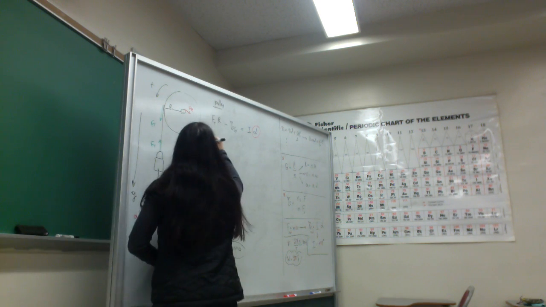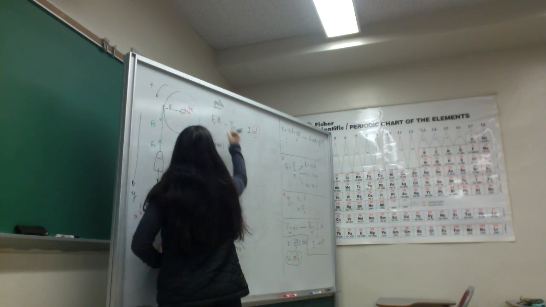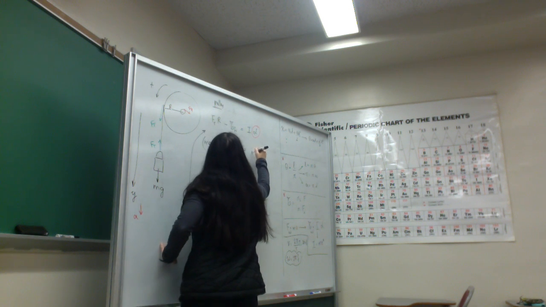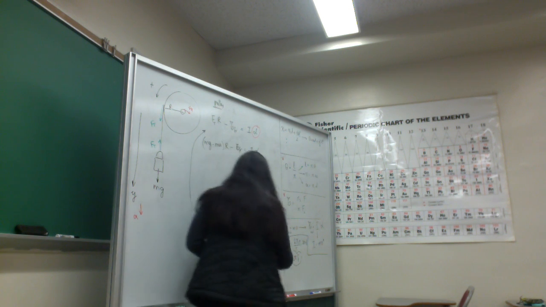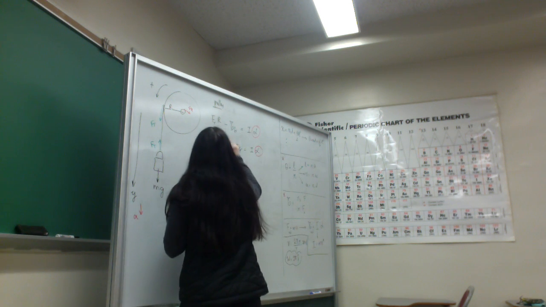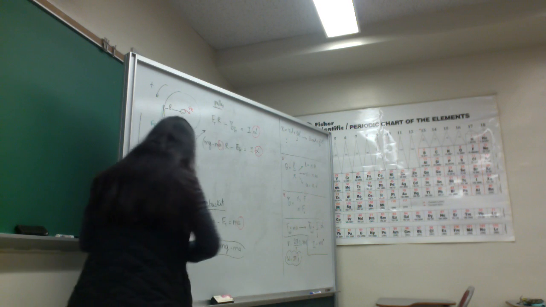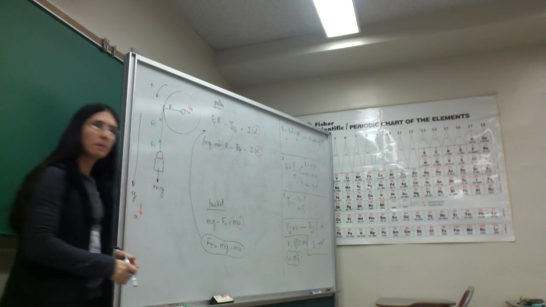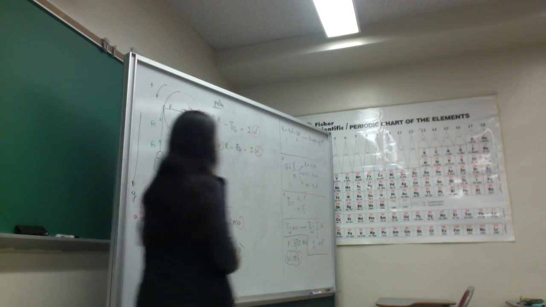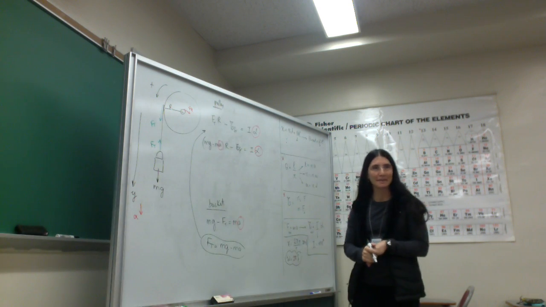Alright, so then I have (mg minus ma) multiplied by r minus the friction torque equals I alpha. I want to find alpha, I want to find a, and am I in trouble? Yeah, because two unknowns, but you know that a equals r times alpha.